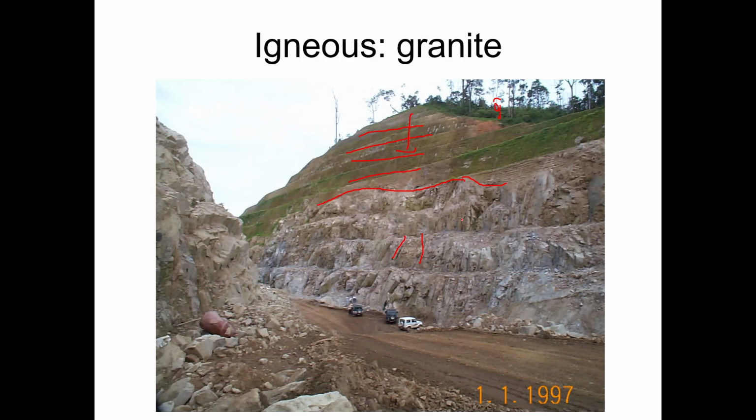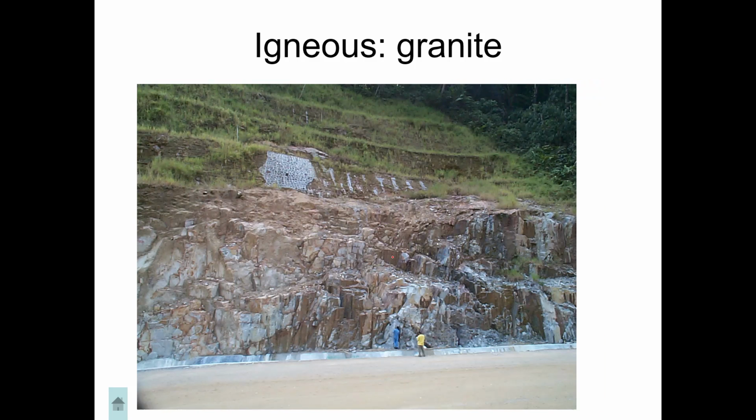So you are able to see underneath before you cut the slope. Similar to this, which is also granitic rock, we are able to understand the profile layers here. This is called the rock head, the transition between rock and soil.